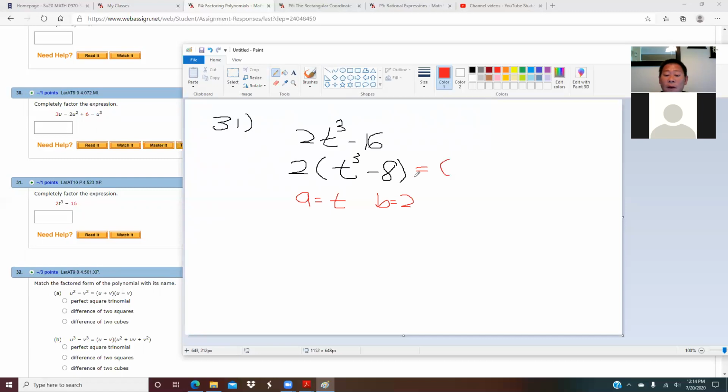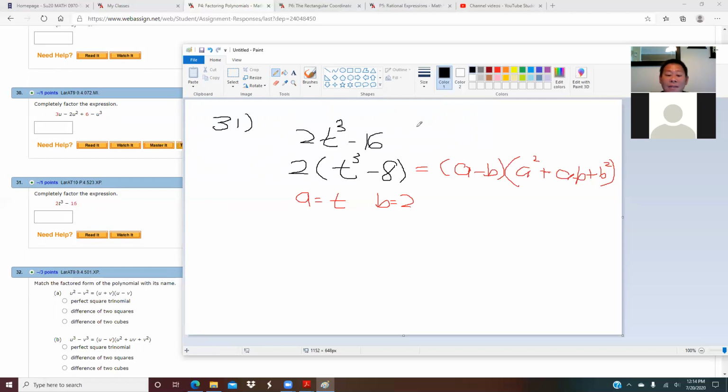The formula for A cubed minus B cubed is A minus B, and then A squared plus AB plus B squared. So this is the perfect cube formula.